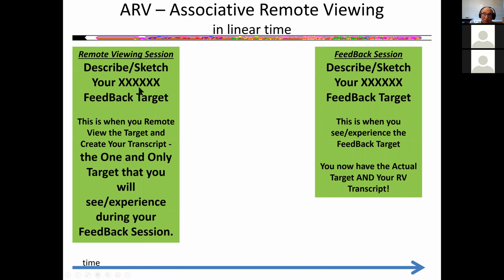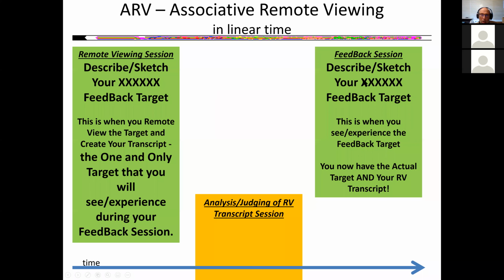So that is, as a remote viewer, what you do. You go here, you describe and sketch a feedback target, and here you spend a lot of time with it, learn based on what you did and didn't do. And some remote viewers do just that. They'll take a random picture and try to describe it and look at the picture and see what they did.